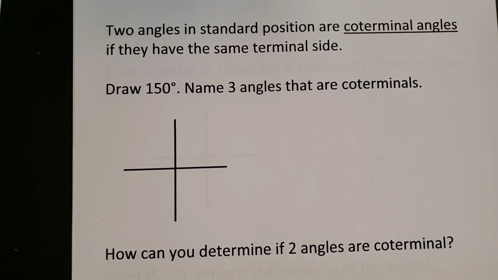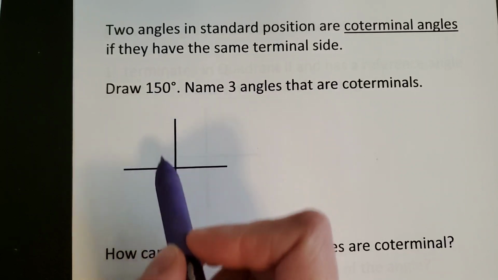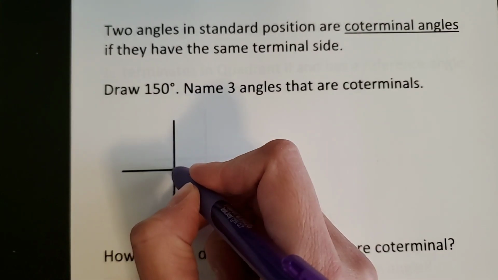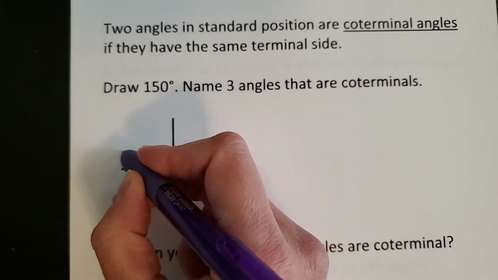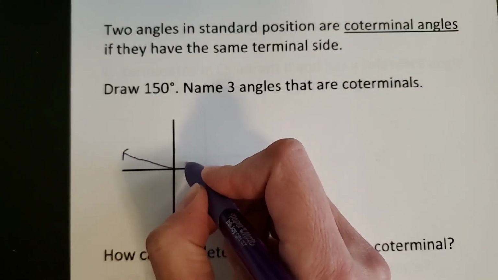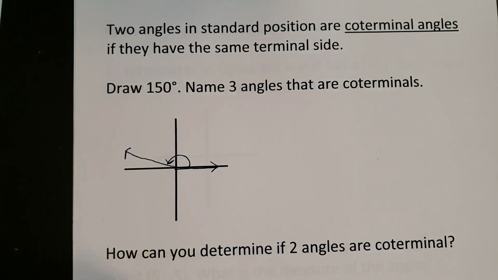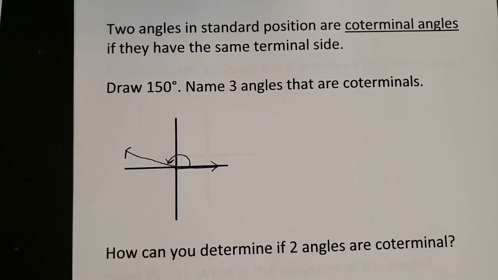So here, let's draw 150 degrees. 150 degrees, I'm going to think, ooh, that's 30 degrees before 180. So there's the angle 150 degrees. Now, if I want to name 3 angles that are coterminal with that, let's start with just one.